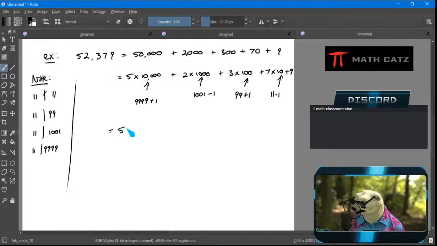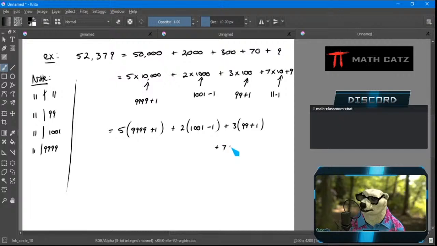Let's do that. 5 times 9,999 plus 1. I like to write it out so I can see it, and it gives me some time to just understand what is happening here, if I have any questions or whatever the situation may be. Okay, so that is what I have so far.